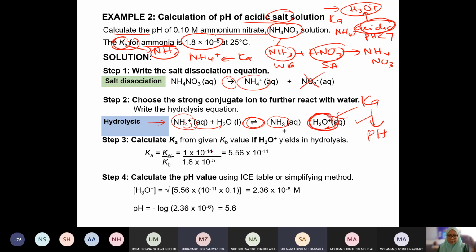So this is the part where you have to change the Kb into Ka. So you calculate Ka. This is the value of Kw. There you go for this one. So what you want is the concentration of H3O+ because you need to put it into pH later.